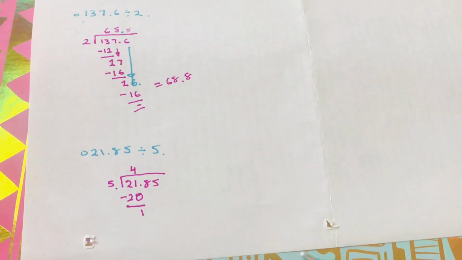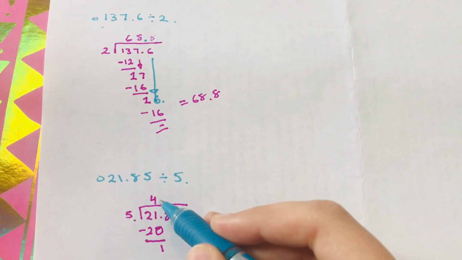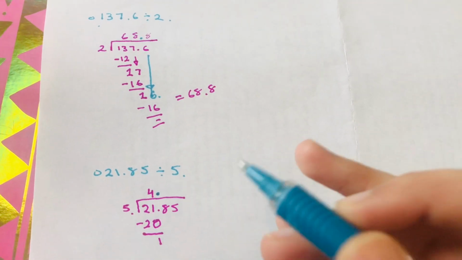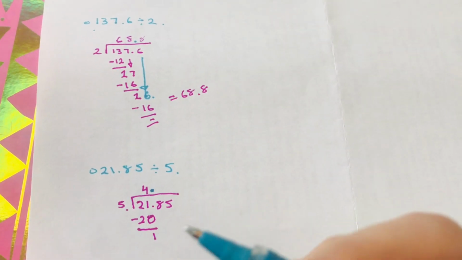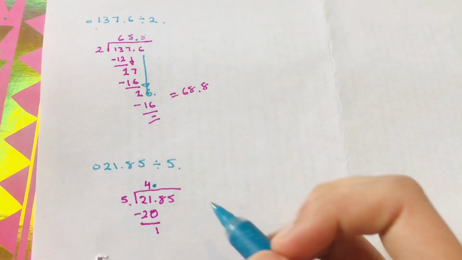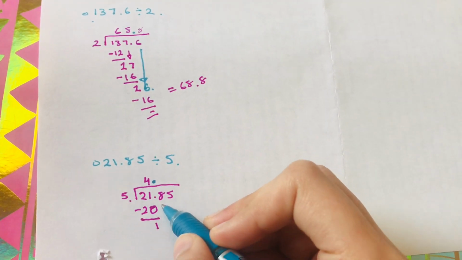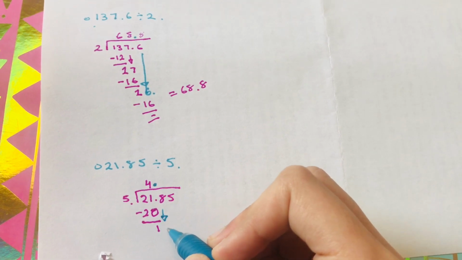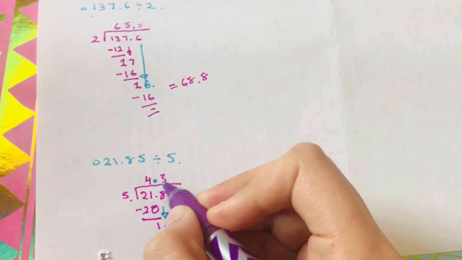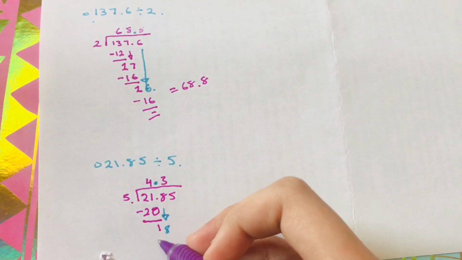You take it up right here and put a decimal point, clear and visible. Then you bring down 8. So you get 3 here. 5 times 3 is 15.